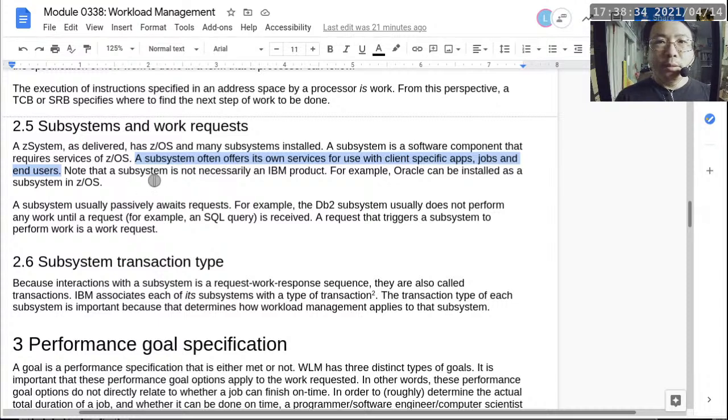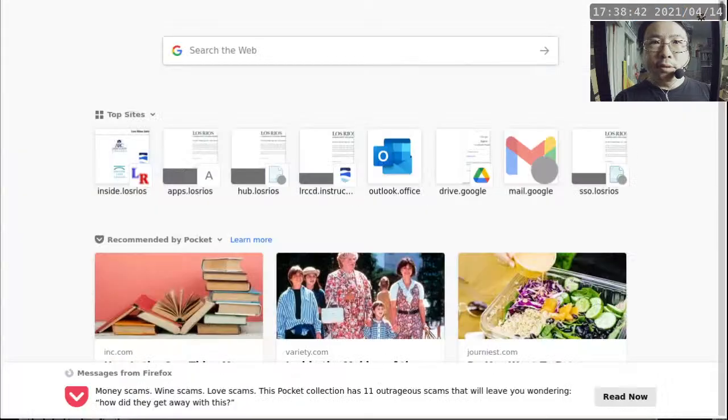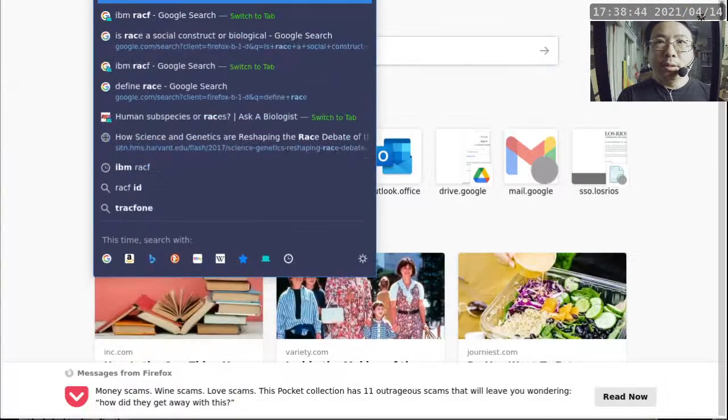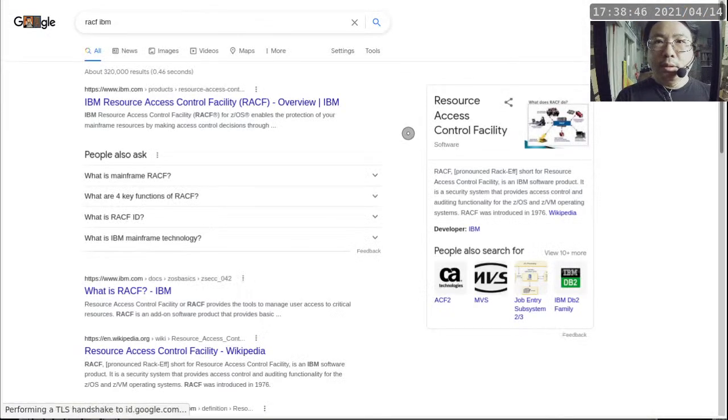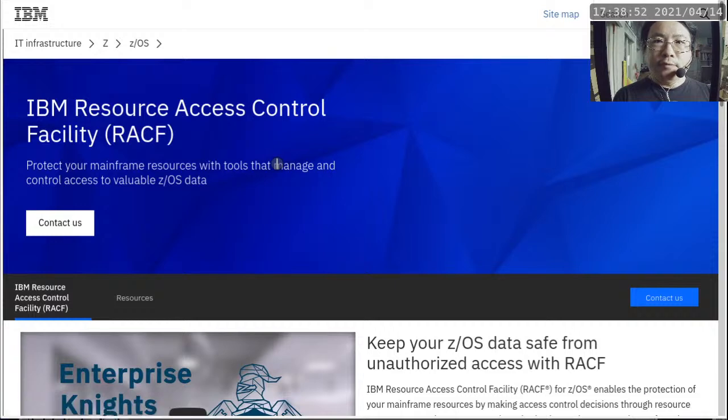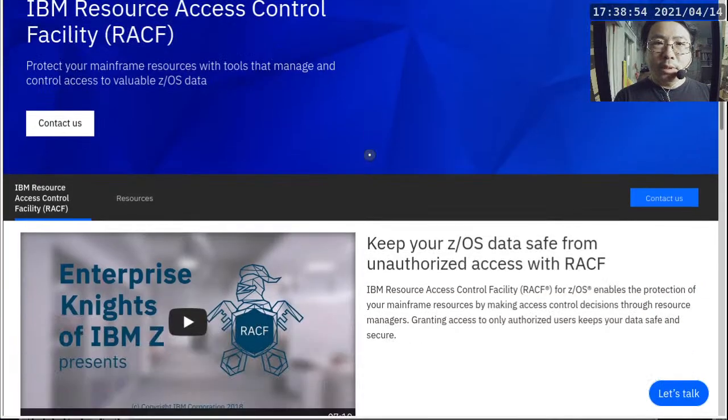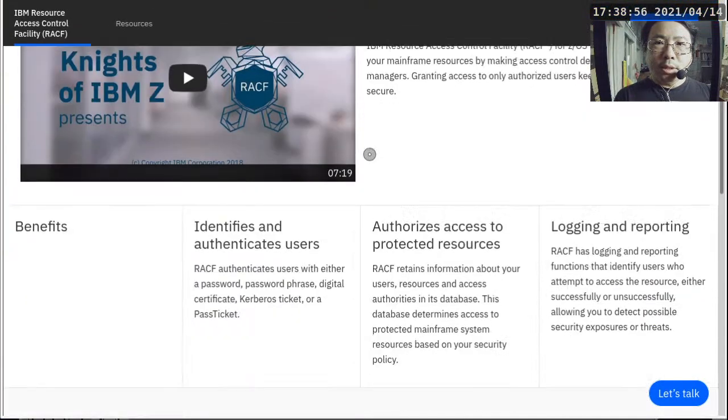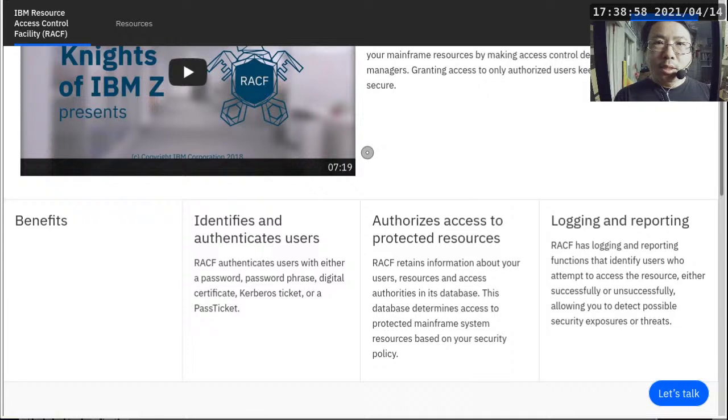Is RACF a subsystem? RACF, that's the security component, isn't it? For access. Wouldn't that be considered a subsystem? I don't know, it's a facility. I can take a look here. I would call it a subsystem too, because it provides services.